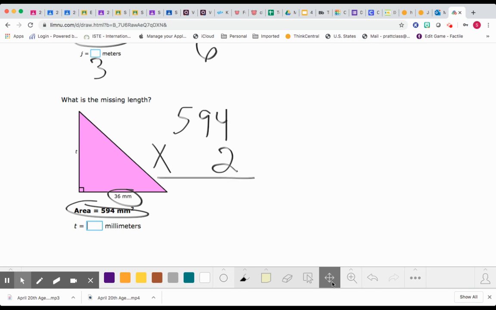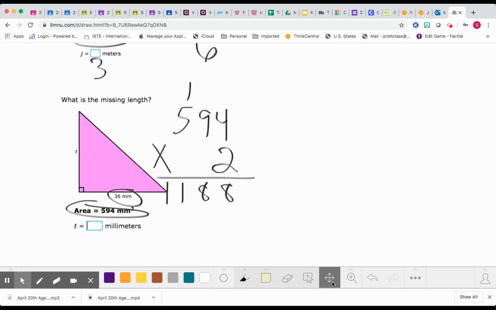So we want to find out what that number was that we had to divide in half to get 594. So we multiply: 1,188. So the original number that we would have found if we were finding the area would have been 1,188, and then we would have divided that by 2 to get the 594.